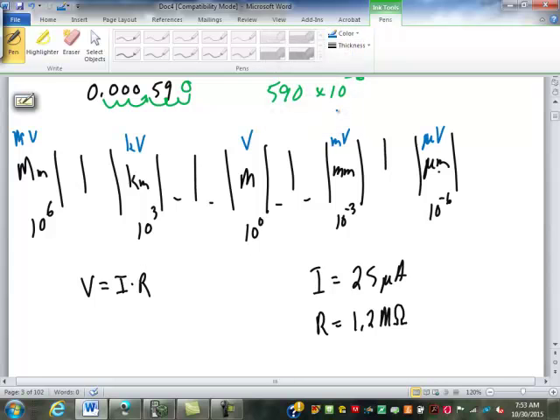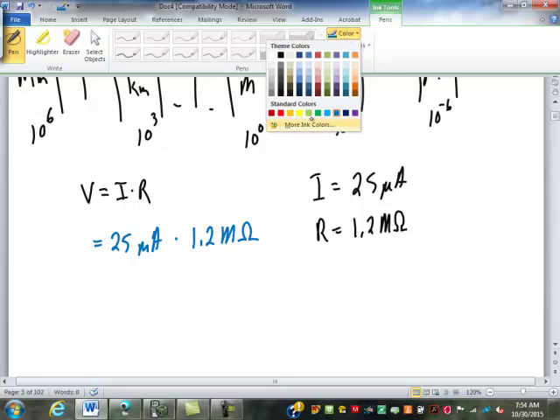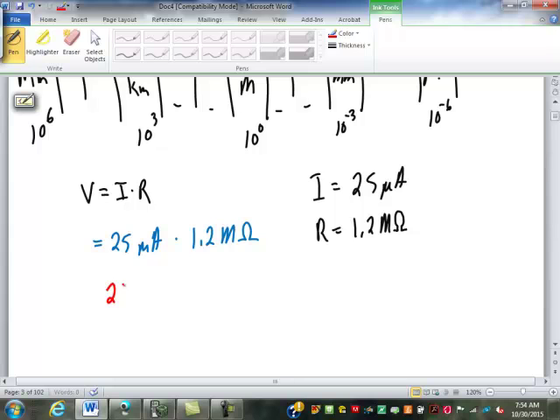What I'm going to be doing here is 25 microamps times 1.2 mega ohms. This is really 25.